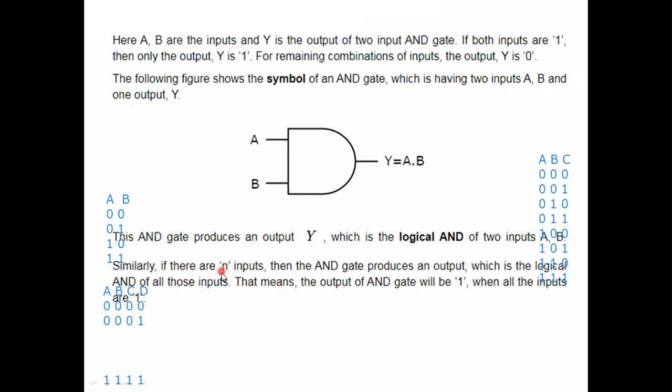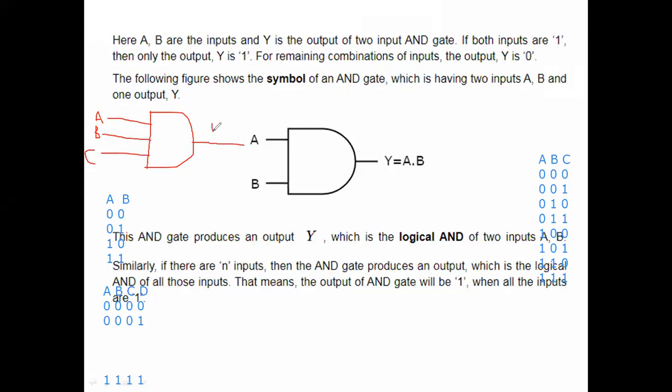Similarly, suppose you are having three inputs, then what is the symbol for the AND gate? The inputs will be A, B, C. This is the symbol for the AND gate.